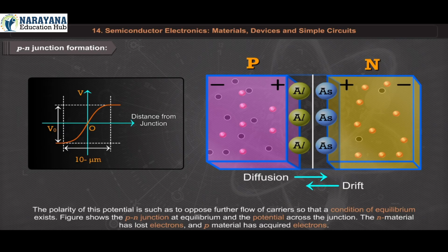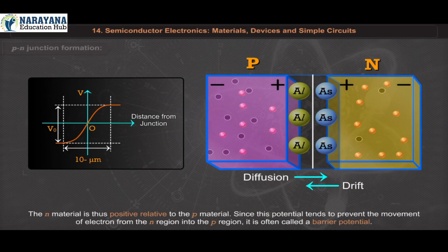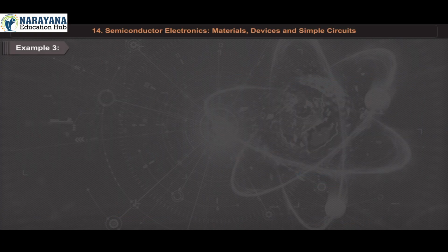Figure shows the p-n junction at equilibrium and the potential across the junction. The n material has lost electrons and the p material has acquired electrons. The n material is thus positive relative to the p material. Since this potential tends to prevent the movement of electrons from the n region into the p region, it is often called a barrier potential.